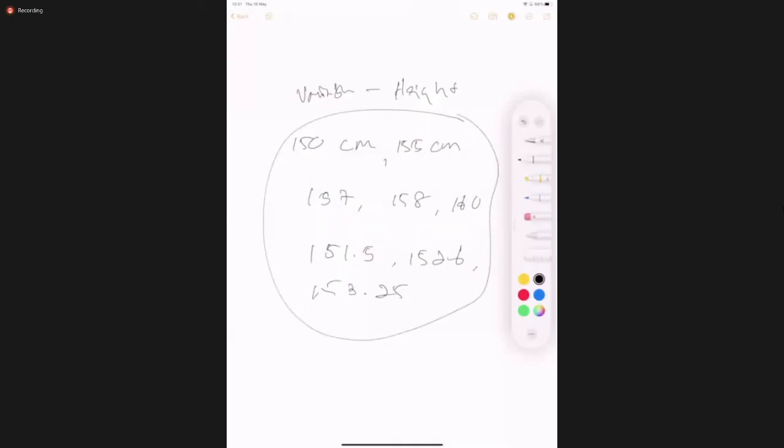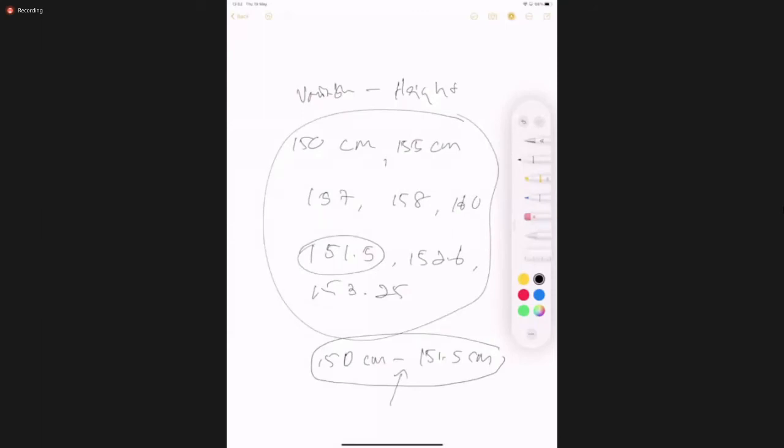If you consider these two values, 150 centimeters and 151.5 centimeters, are there any values between these two values?